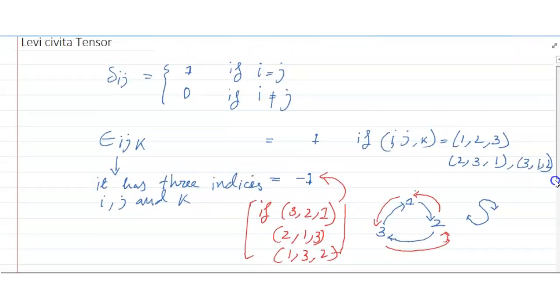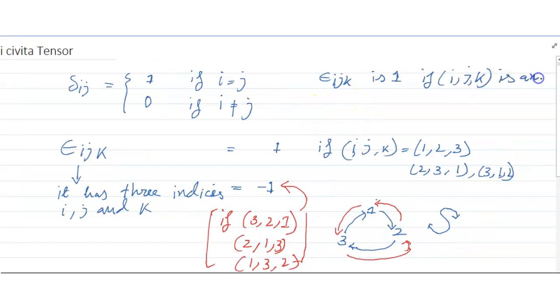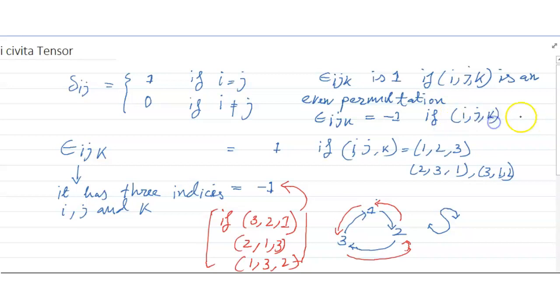Another fact, friends, that must be noted: epsilon ijk is 1 if ijk is an even permutation, and epsilon ijk equals minus 1 if ijk is an odd permutation.